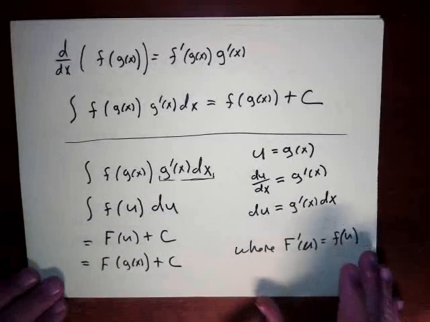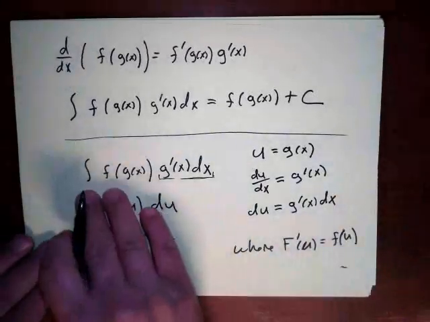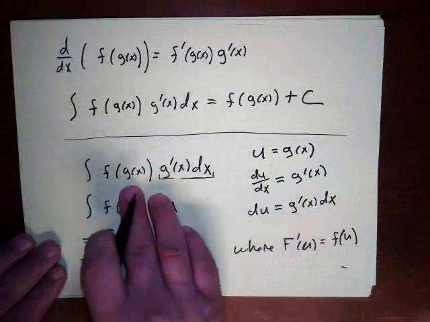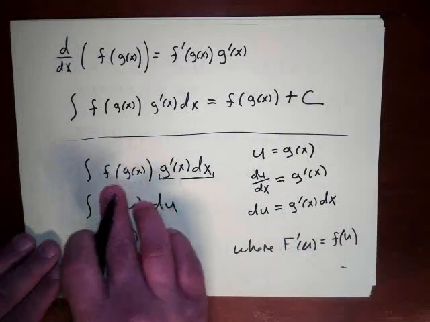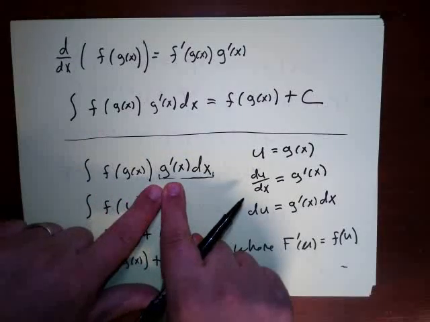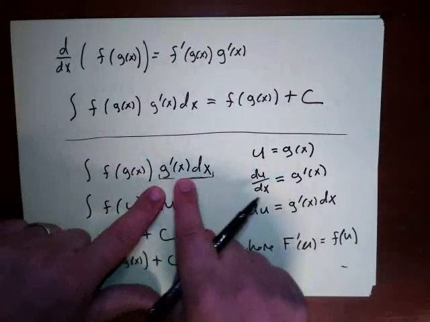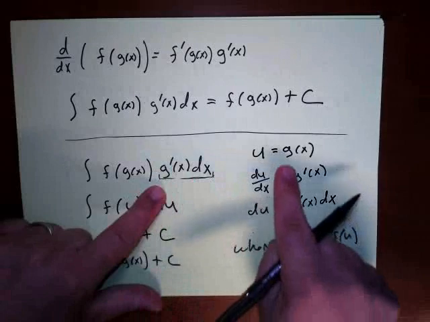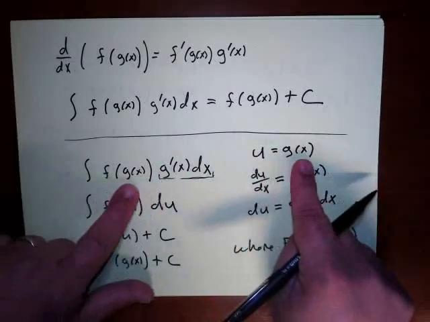And so this is kind of a method then. If you have a composition, an inside function and an outside function, and you have its derivative hanging on the outside, you bring these two together, right? And then you let u equal the g of x.